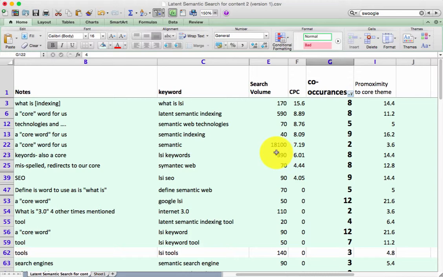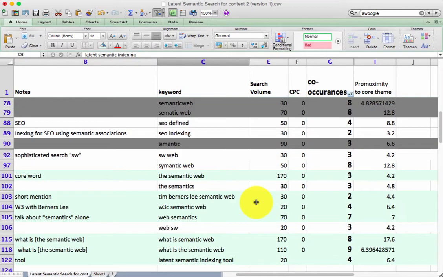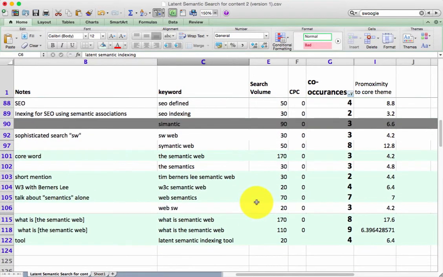And I would be inclined to say that if it's a really authority website that you can rank for, something like, maybe LSI keywords, seems like it would be pretty competitive, or latent semantic indexing has decent volume, or what are some of the other bigger volume words here? They're quite low, as you can see.